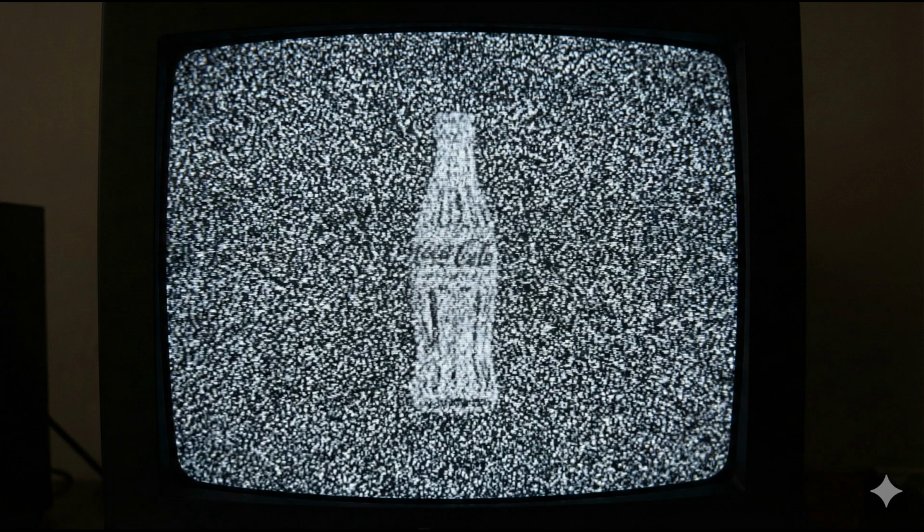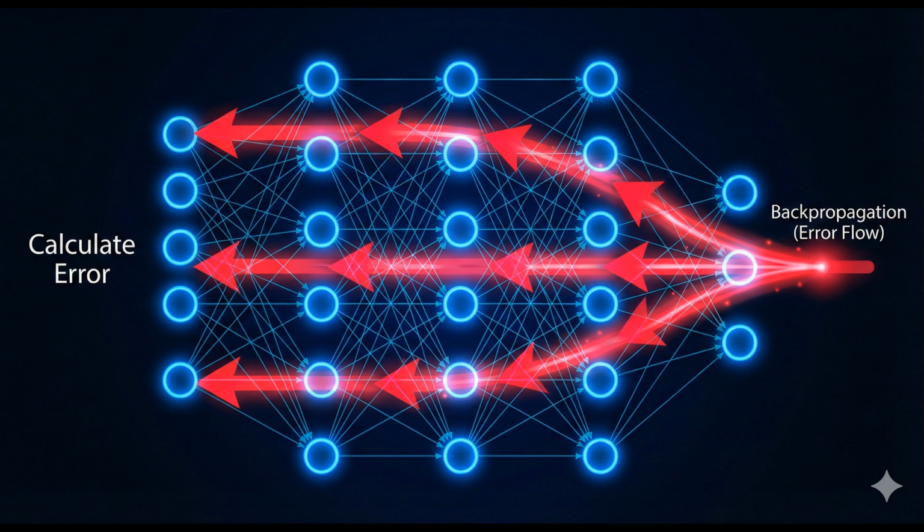It guesses randomly. But every time it guesses wrong during training, we calculate the error using the loss function. Then, using a process called backpropagation, we mathematically calculate exactly how much each specific number in those 3 by 3 filters contributed to the mistake. We nudge those numbers slightly.